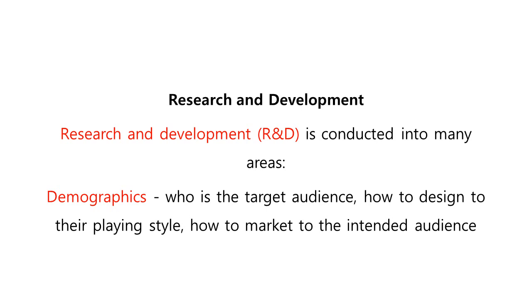Another process involved in pre-production stage is research and development. Research and development, or R&D, is conducted into many areas. First, the demographics that describes who is the target audience, how to design to their playing style, and how to market to the intended audience.